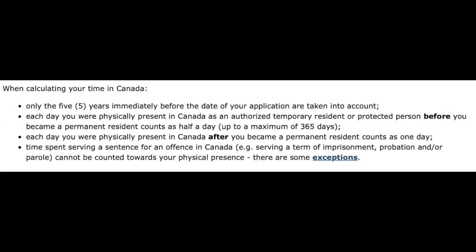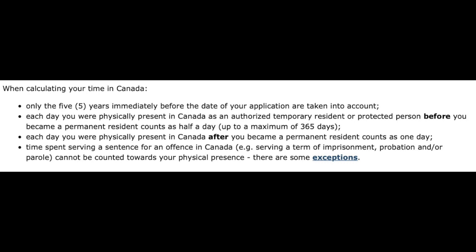When calculating your time in Canada, first, only the 5 years immediately before the date of your application are taken into account. Second, each day you were physically present in Canada as an authorized temporary resident or protected person before you became a permanent resident counts as a half day, up to a maximum of 365 days.